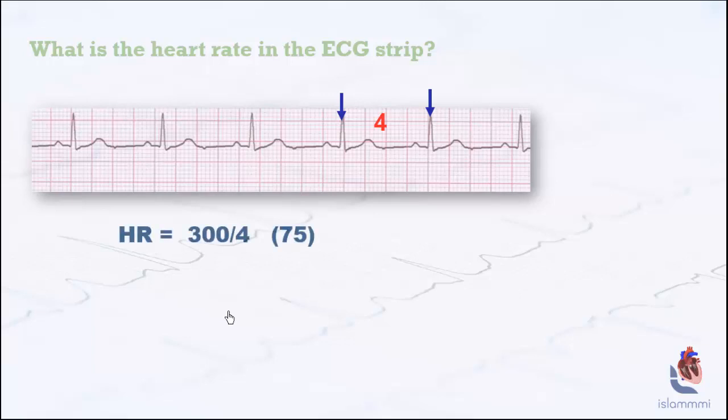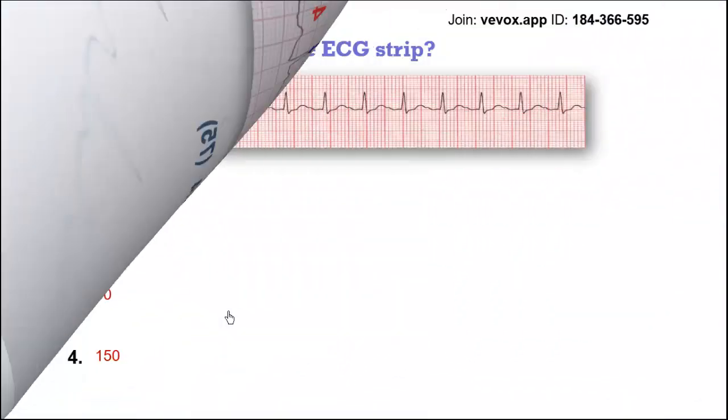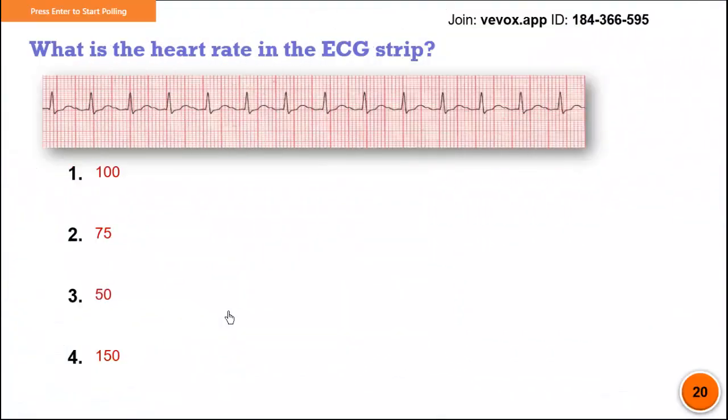So let's take the next one. This is also regular, guys, so the first method should be applied here. You locate one of the R waves on the heavy red line, then start to count, then 300 divided by the number of boxes. So which one is correct?